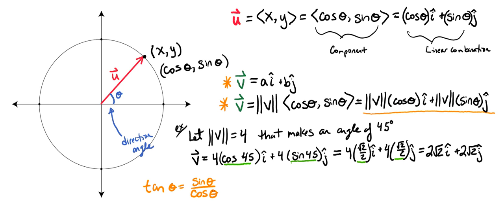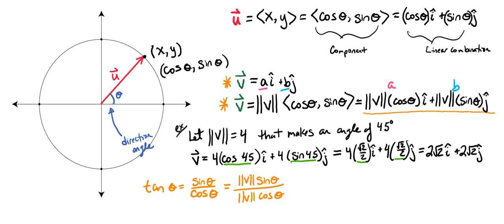So in this case, we're going to have the magnitude of v times the sine of theta over the magnitude of v times the cosine of theta, which we can see from up here, our a is simply the magnitude of v times the cosine of theta, and our b is the magnitude of v times the sine of theta.